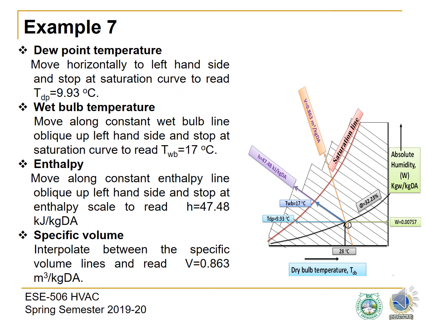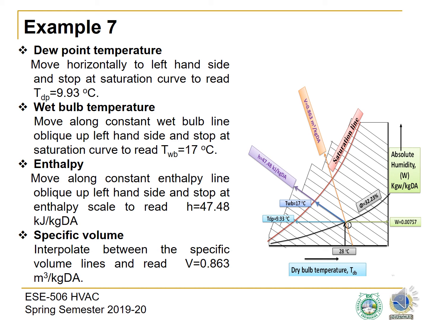For dew point temperature, move horizontally to the left hand side and stop at saturation curve to read dry bulb temperature, dew point temperature, 9.93 degrees Celsius. Wet bulb temperature: move along constant wet bulb line, oblique up left hand side and stop at saturation curve to read wet bulb temperature as 17 degrees Celsius.